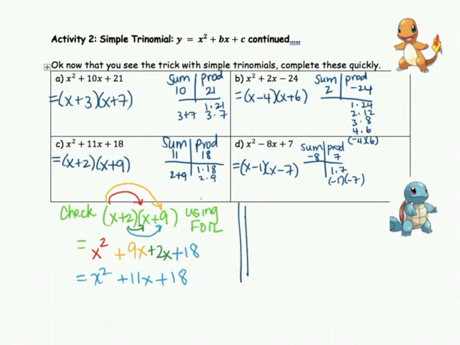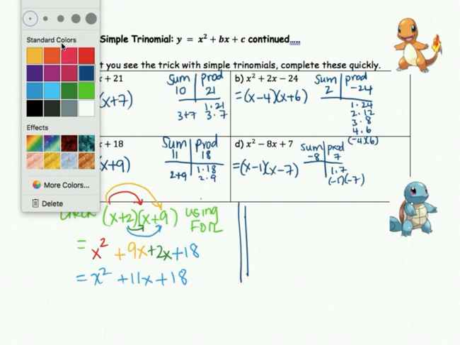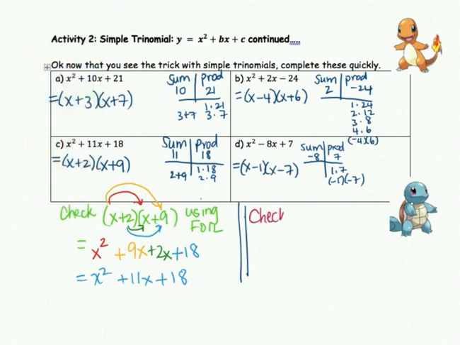So again, we'll use the same question here. You want to check that the factors that you got, x plus 2, x plus 9, are correct. So this is what you would do if you wanted to use the area model.